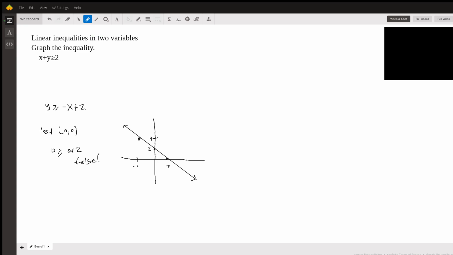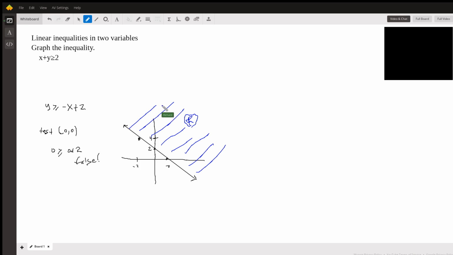And let me just change colors, and we'll put that in there. Personally, you don't have to do this, but I always like to put an R there to indicate that's my solution region. This is especially useful if you don't have color.